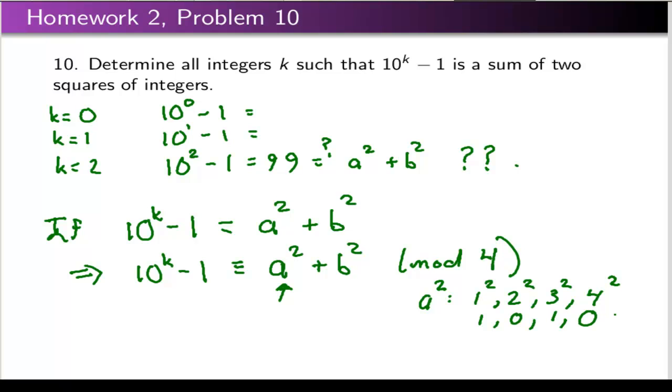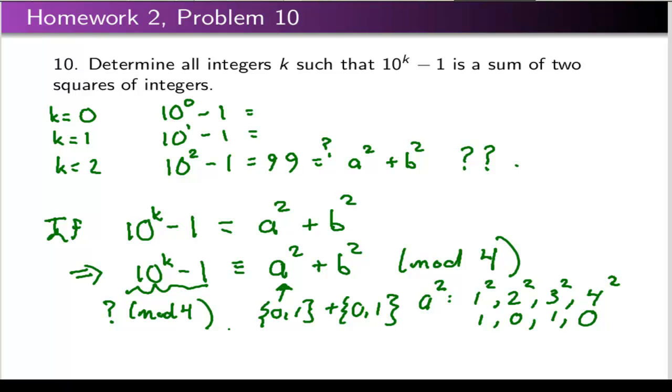So the only squares you have mod 4 are 1 and 0. And then you ask, what values can we get if we added 2 squares? And that's the right-hand side. Now look at the left-hand side. What does this equal mod 4? Okay, and play with it like that.